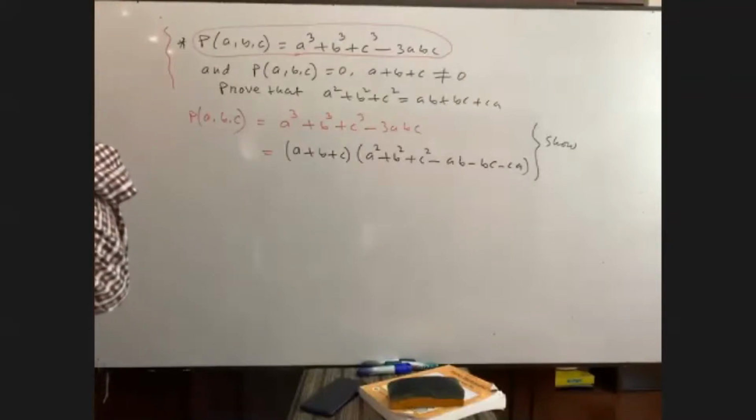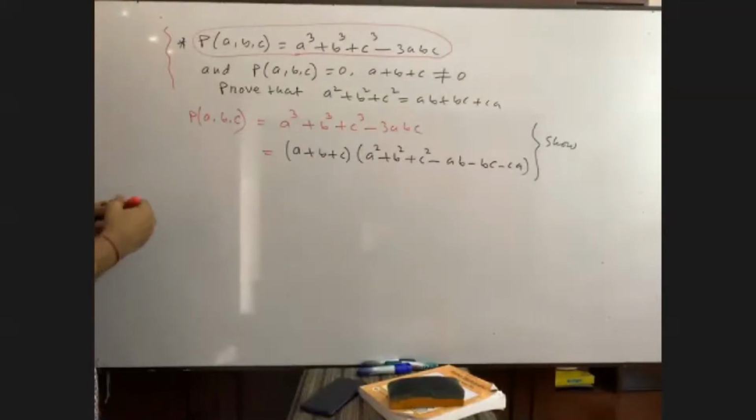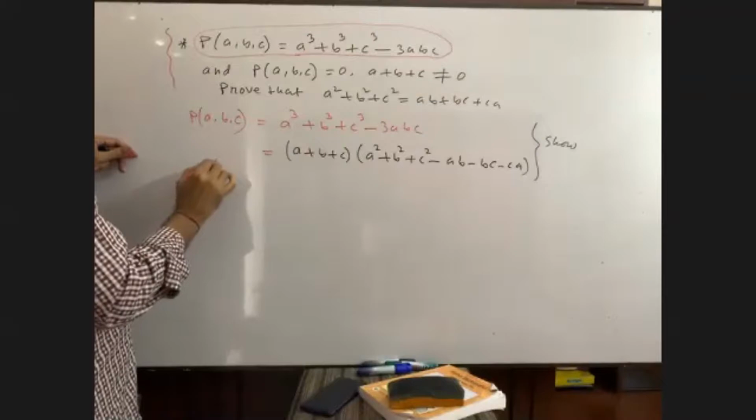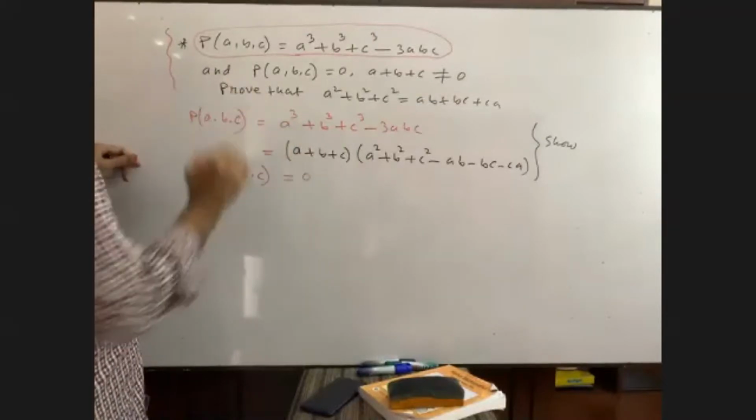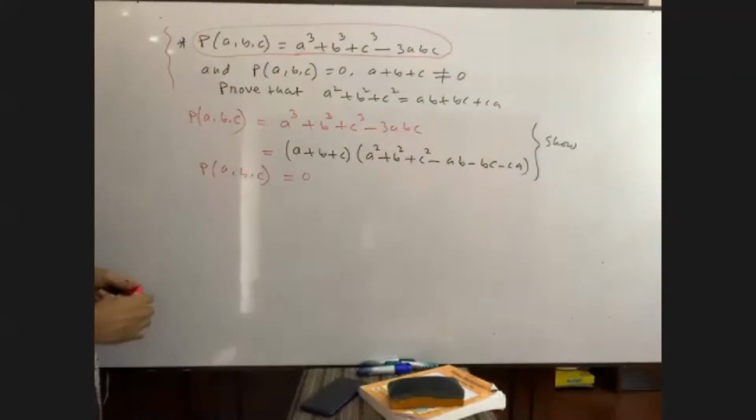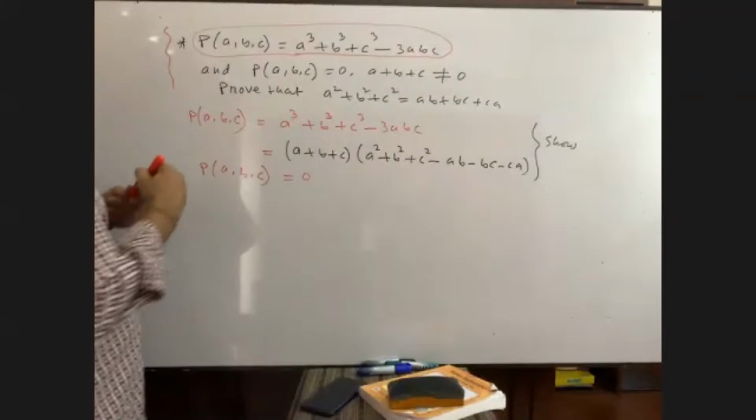Now you see what is given in this question. Given P of ABC equals 0, right? Then what is meant by this? That it will be 0.